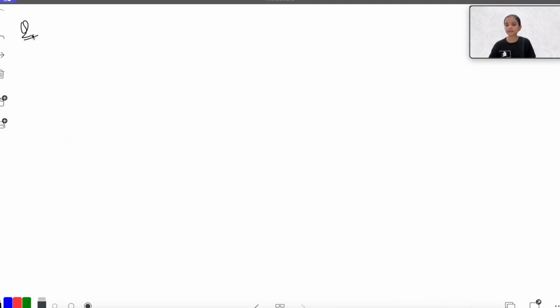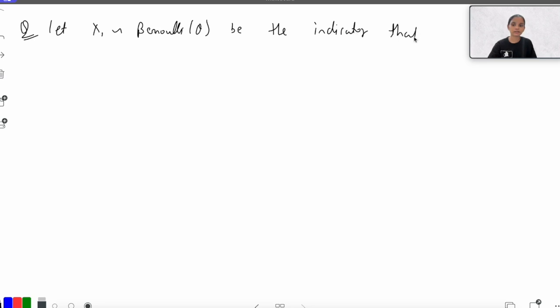Yes, let's discuss the next question, which says that x1 follows a Bernoulli distribution with the parameter theta, where x1 is the indicator that a tree species occupies a forest.